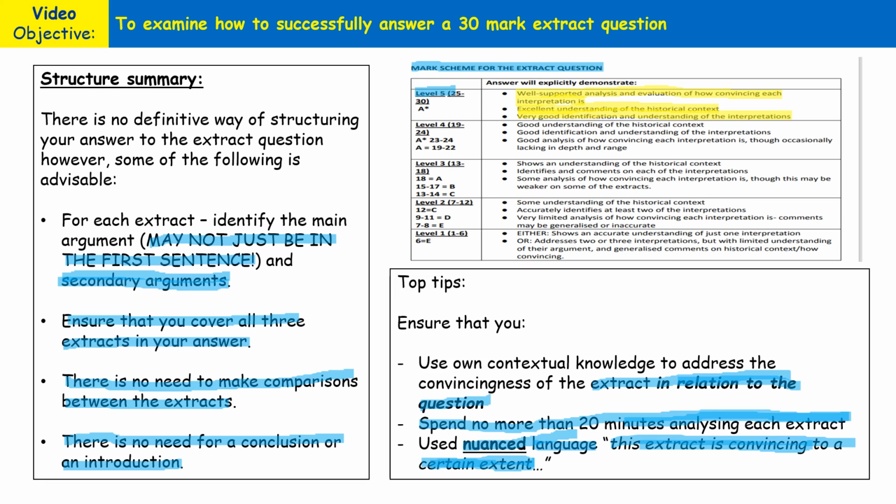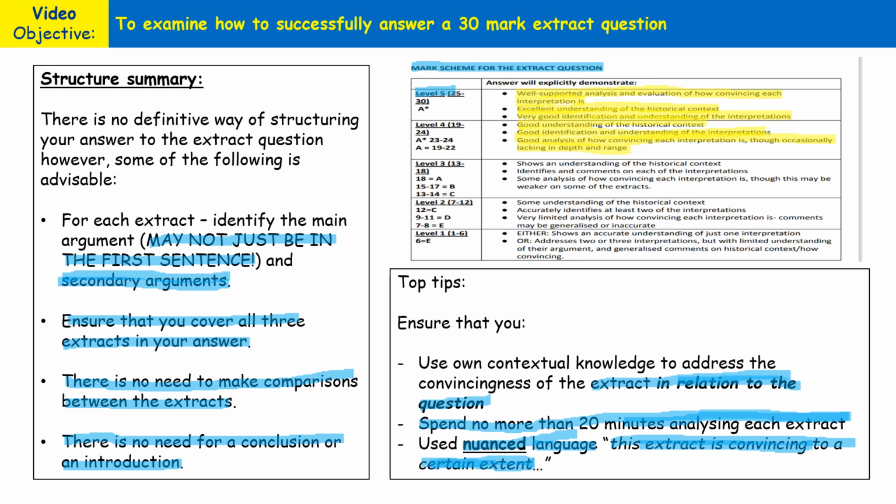If you're looking for a level 4, then you need to show, as opposed to a very good understanding of the historical context, a good understanding of the historical context, a good identification and understanding of the interpretations, and a good analysis of how convincing each interpretation is, although there may be occasional lacks of depth and range.